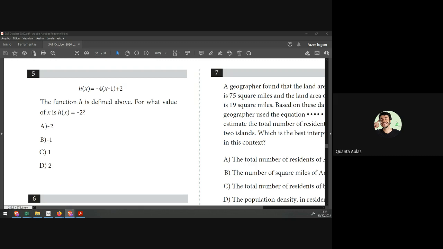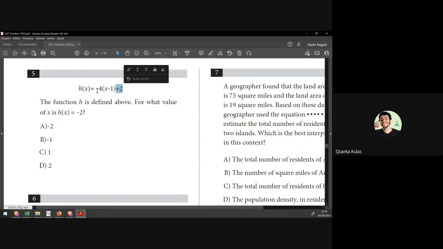For what value of x is h at x equals -2? So you put -2 here. So you can bring this number to here too. -4 divided by -4 is 1. 1, -1 to the other side. Okay, yeah.